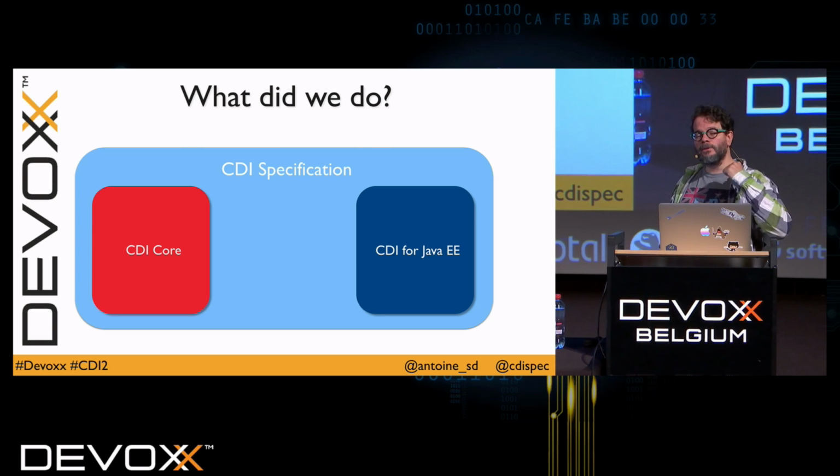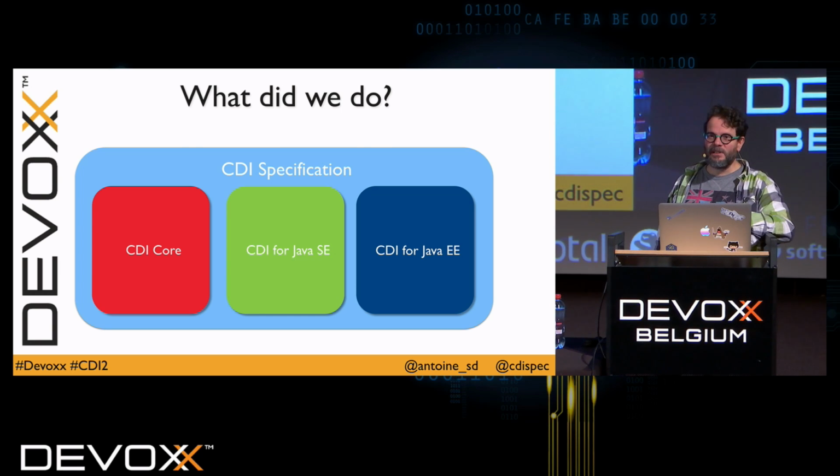So now, if you go to the cdispec.org website and download the spec or read the spec, you will see that there are three main parts in the spec. One for the core, which is all the features that are common to SE and EE, and the EE part. And of course, between them, the SE part. So that was a long work, even if the result is not very spectacular.